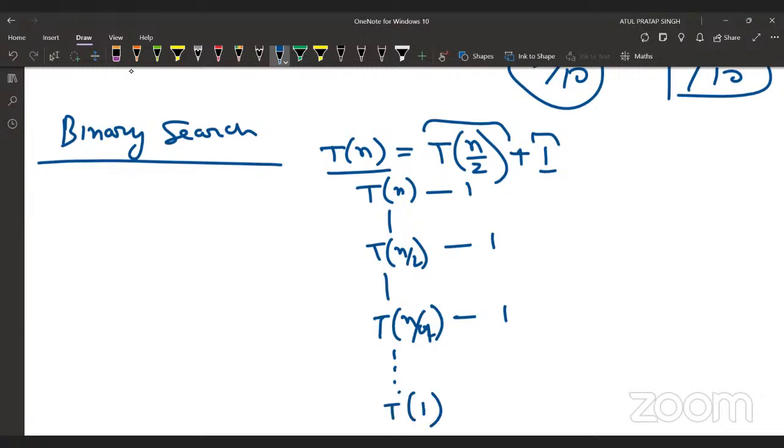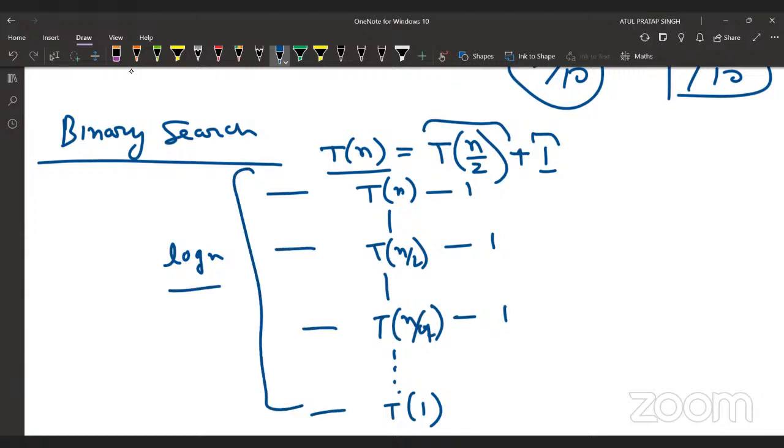So how many levels are required? Every time we are dividing the elements by 2. Initially the total number of elements is n, then we divide by 2, then by 2 again, so we will reach from n to 1 in log n steps. That means the total number of levels is log n.